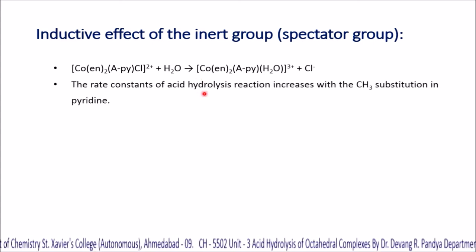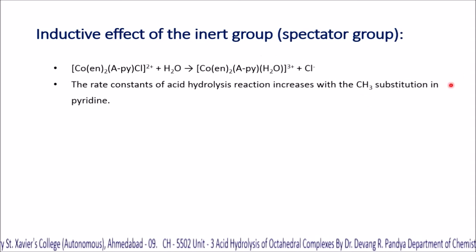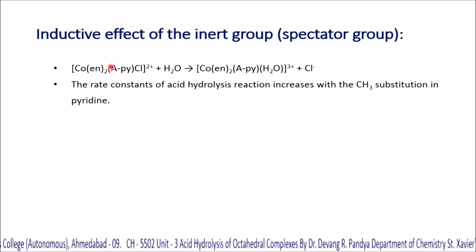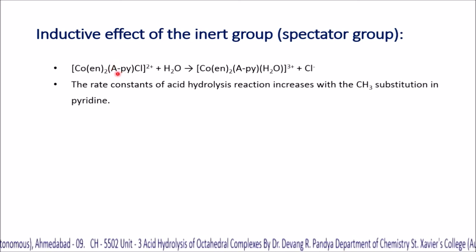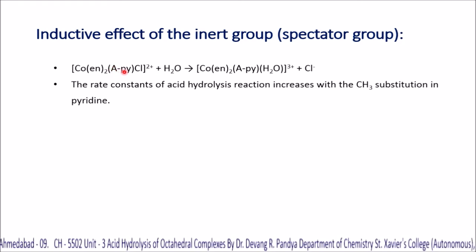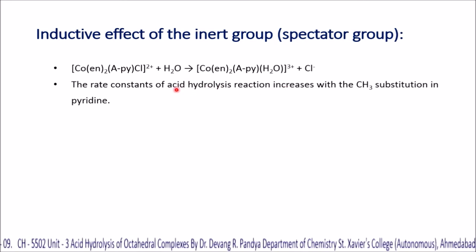The rate constant of the acid hydrolysis reaction increases with methyl group substitution in pyridine. That means if one hydrogen of pyridine is substituted by one methyl group, then 2 methyl groups and 3 methyl groups. As the number of methyl groups increases, there should be an increase in the acid hydrolysis.